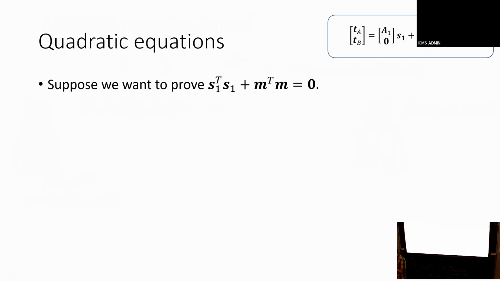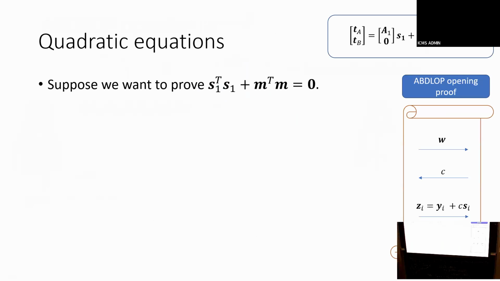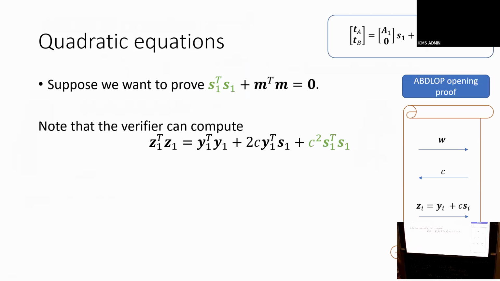So how do we prove that? We have this sigma protocol, which was done before. This technique is kind of similar to the VOLE presentation actually. The verifier gets all the Zi's. So if I multiply Z1 transpose with Z1, why would I do that?